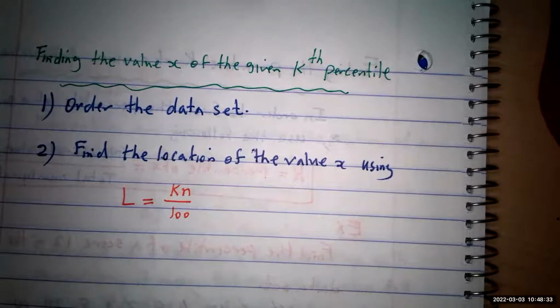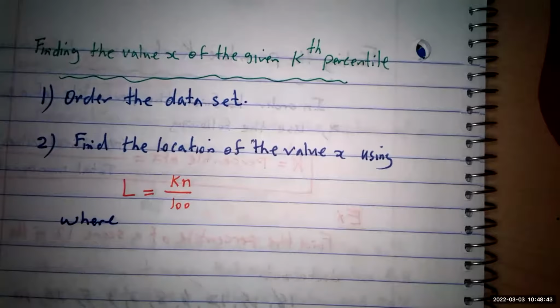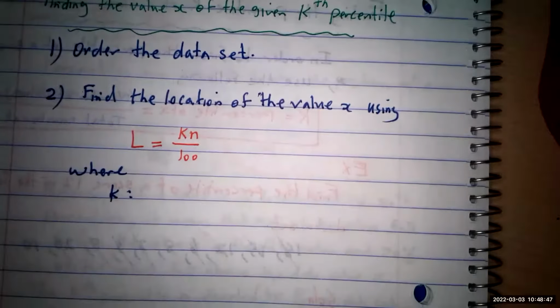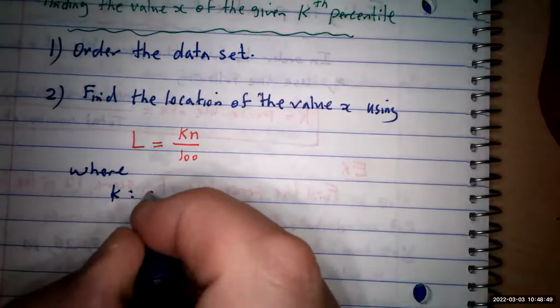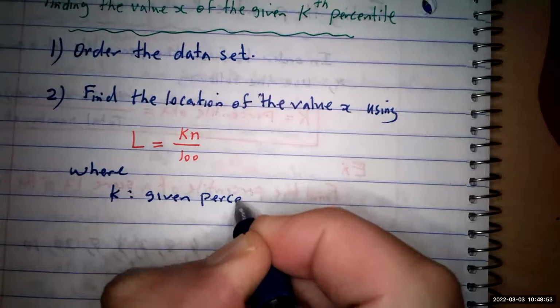So what are these terms that we use here? This K is given ranking, would be given to you. It's going to be the given percentile. That would be given.